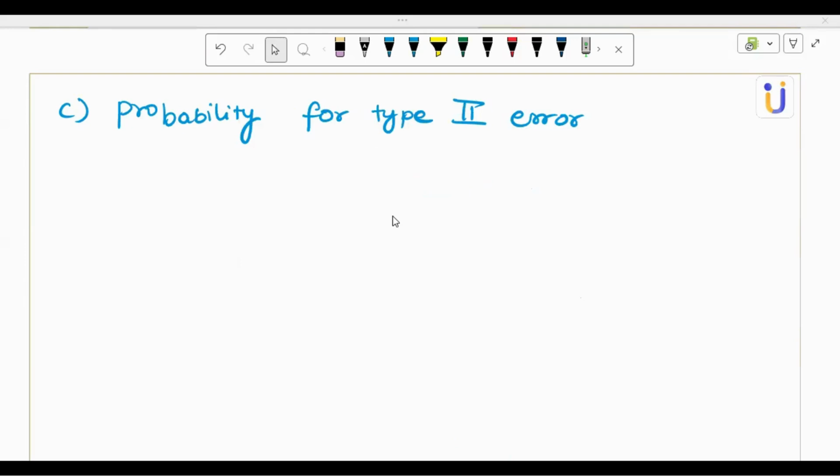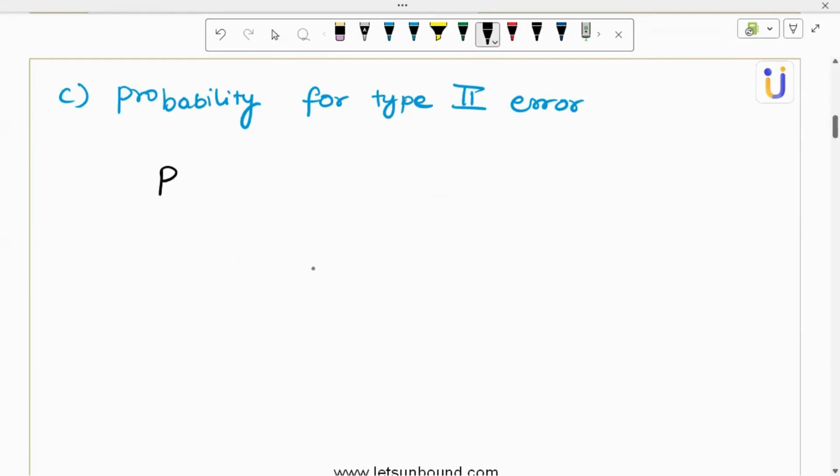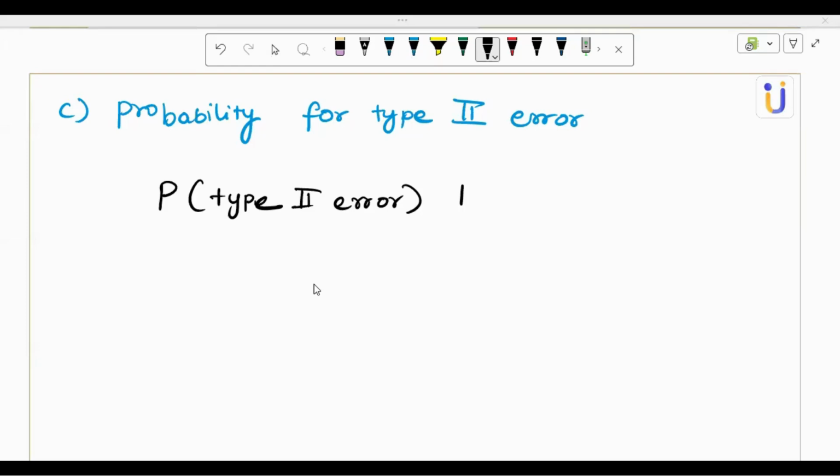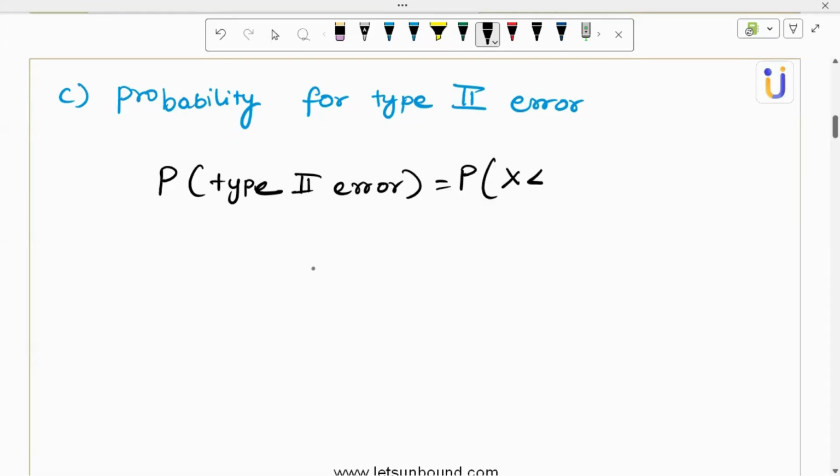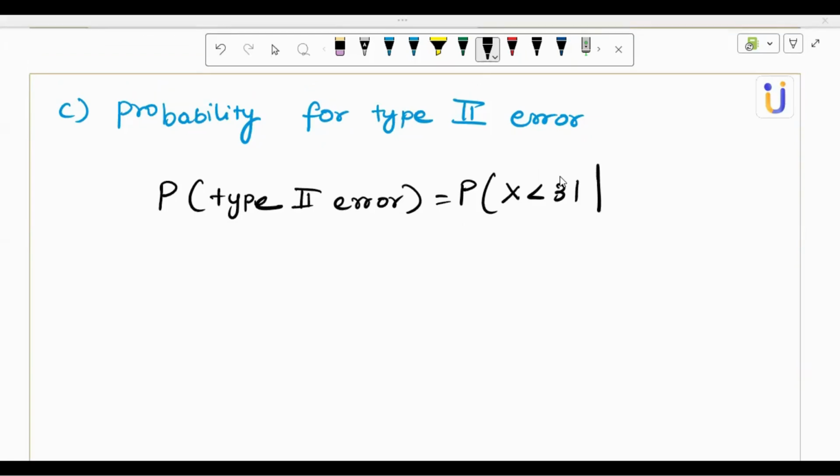So let's calculate. Okay, so how to frame the formula? So probability of type 2 error is the same sample and everything. You can write probability of X greater than or equal to 31, but here it will be X less than 31, sorry, the opposite. And given that probability is 0.40.